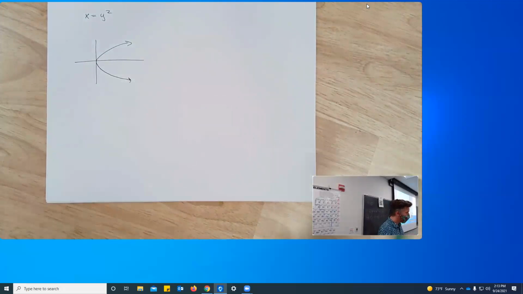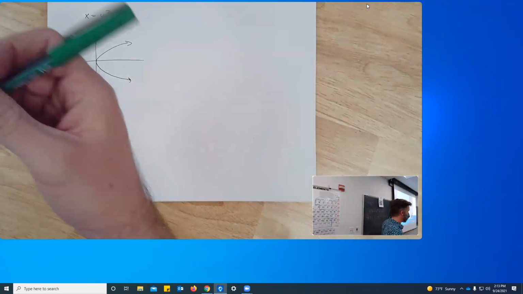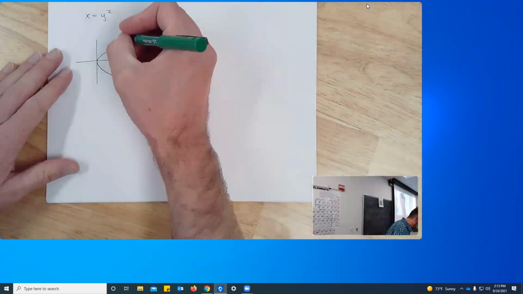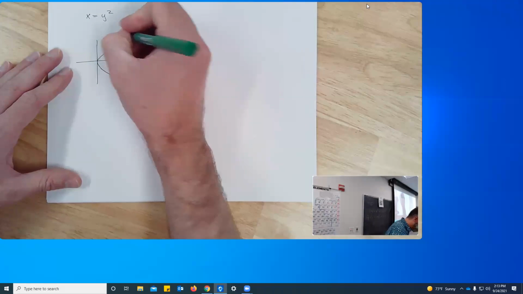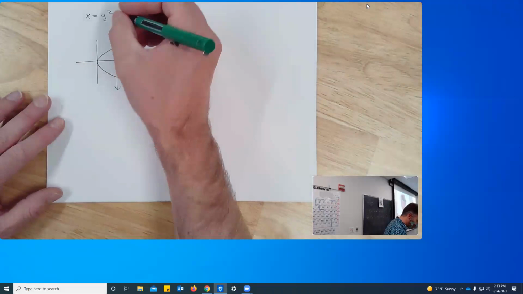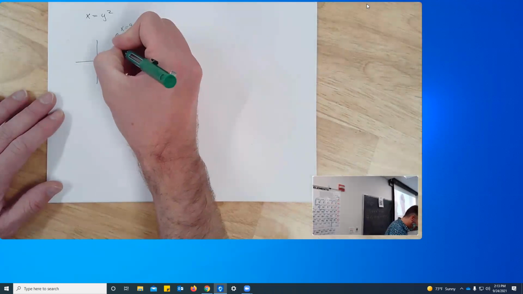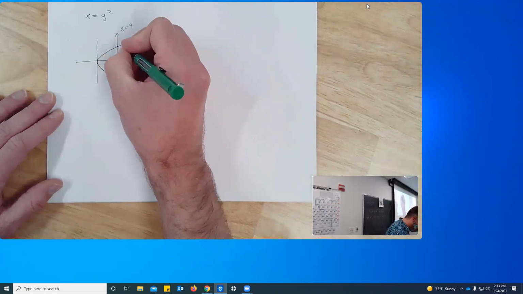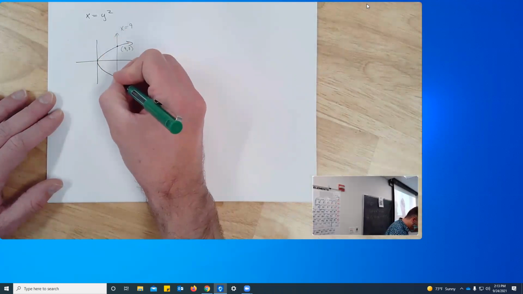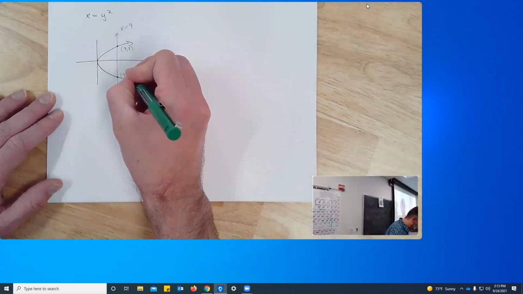Clearly, this graph fails the vertical line test. I can draw many vertical lines, but I only need one that passes through more than one point. So this vertical line here, let's call it x equal to 9, passes through a couple points, (9, 3) and (9, -3).